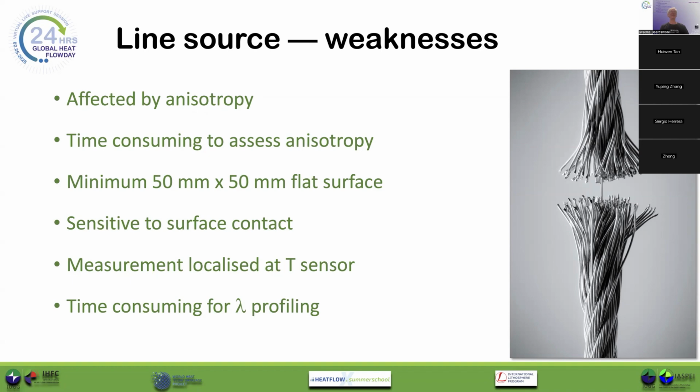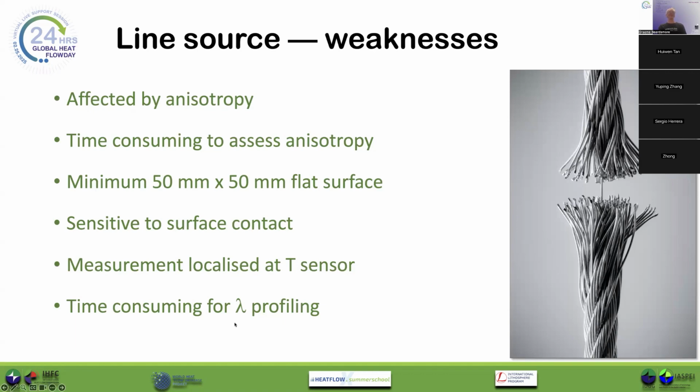If that single point happens to line up next to a particular dominant grain of rock in your sample, then the result is going to be dominated by the thermal conductivity of that single grain of rock. So that's a bit of a weakness. It's all right for homogeneous samples, but if the samples are heterogeneous, then the actual location of the temperature sensor within the needle can impact the result quite strongly.